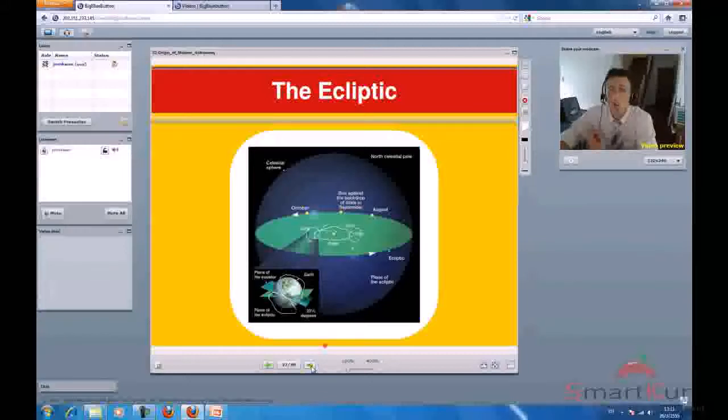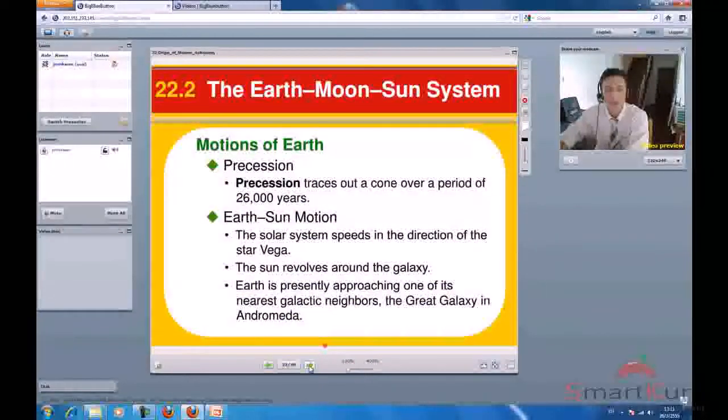But imagine if we took that Earth over here in December, the southern half of the Earth would be pointed more at the sun. So over here in June, the northern hemisphere has summer, and the southern hemisphere has winter. When the Earth is over here in December, the southern hemisphere is pointed at the sun, and it has summer, and the northern hemisphere is pointed away from the sun, and it has winter.